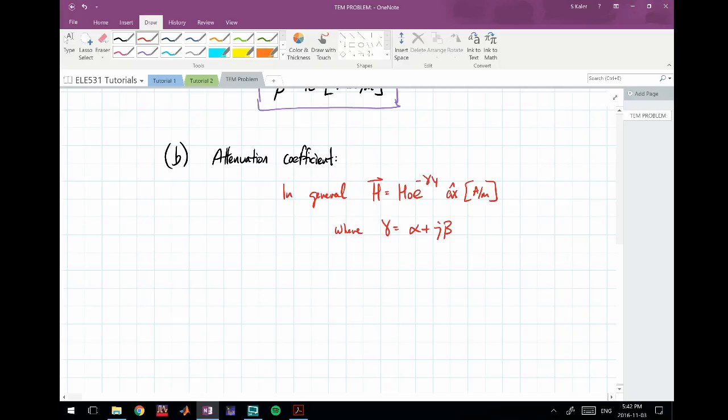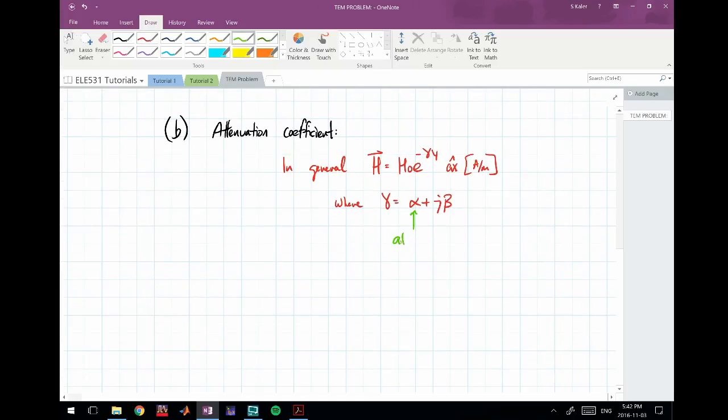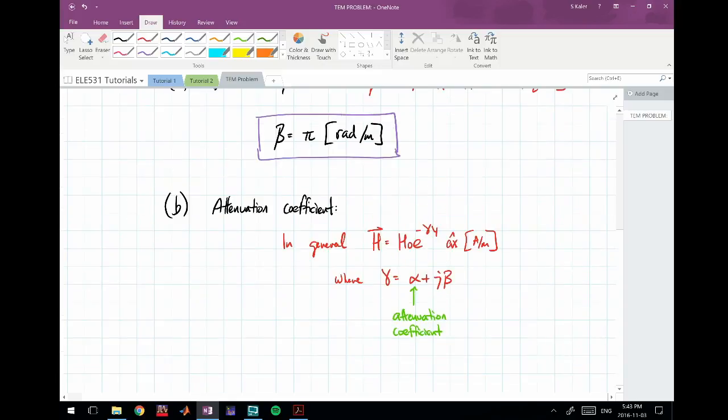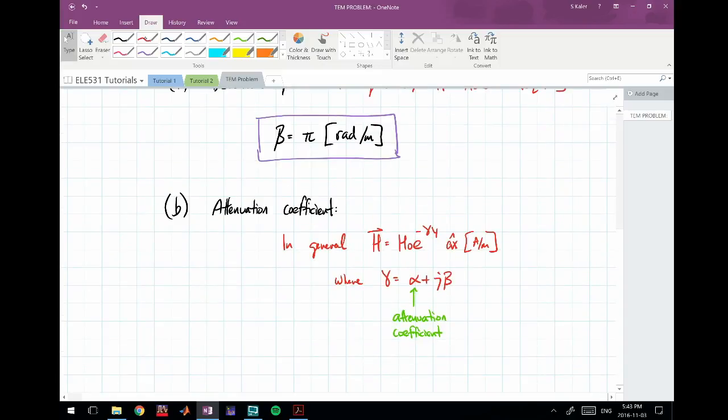Now beta is our phase constant because it's on the imaginary term, but this real part here is actually our attenuation coefficient, or constant, whatever you want to call it. Let's call it coefficient. Okay, so if gamma is a complex number, not entirely imaginary, so there's a real and imaginary part, then in that case we will have some attenuation.